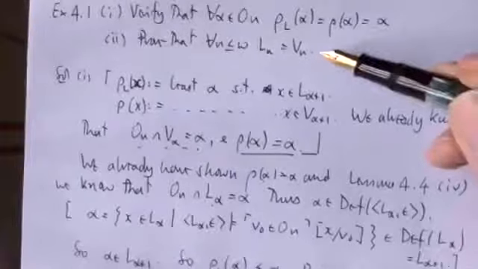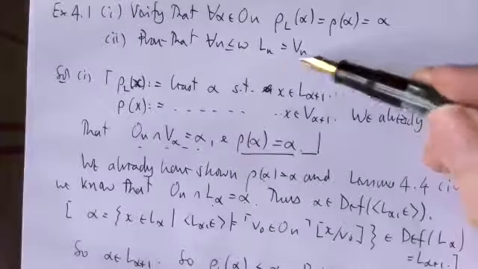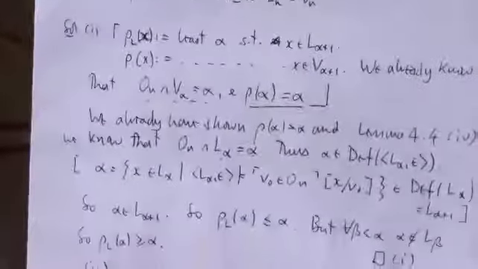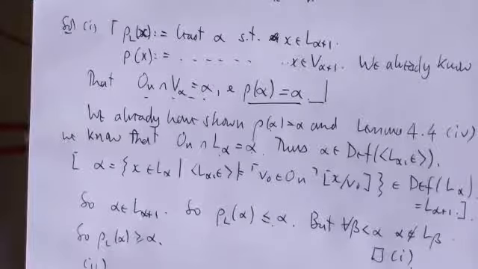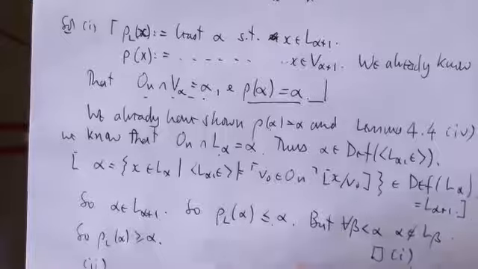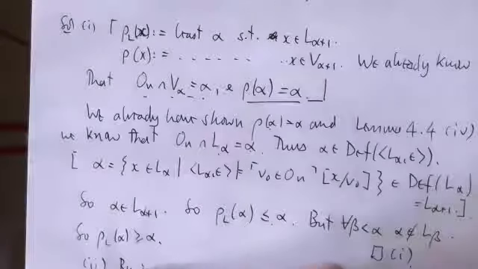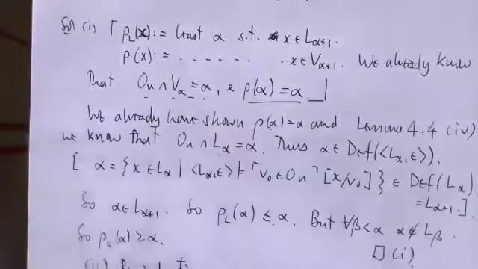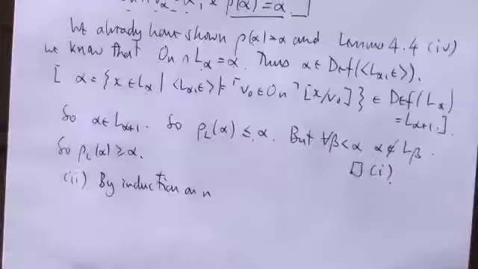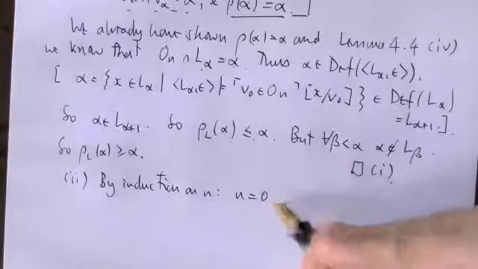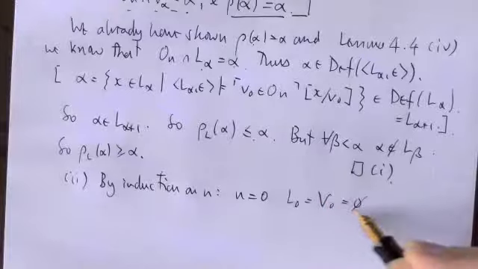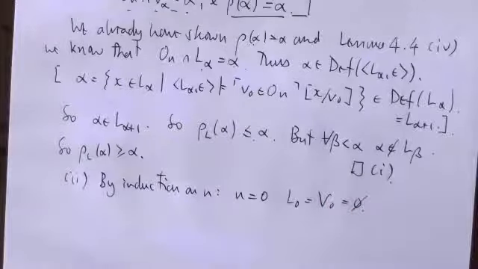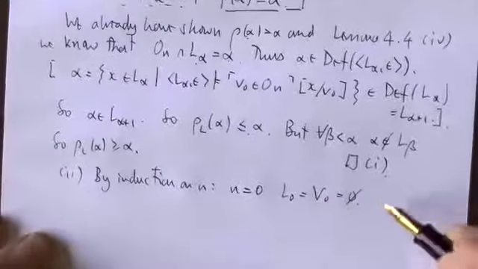Okay, part 2, verify that the LNs are the VNs. Again, I have a feeling I may have said something similar to this already, but by induction on n. So for n equals 0, this is trivial. Okay, suppose it's true for k.